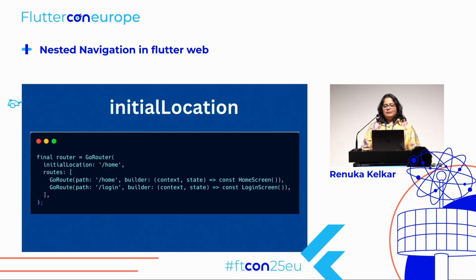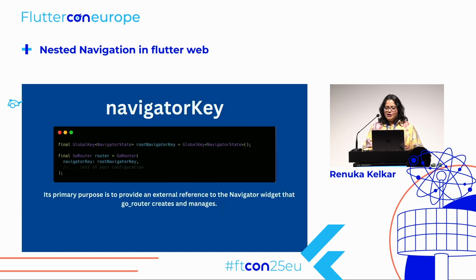Normally it goes with a default if you don't put any name or path parameter here. But it is very useful, like if I have onboarding screens, I can give the onboarding screen as my initial location. So this is a very useful feature.